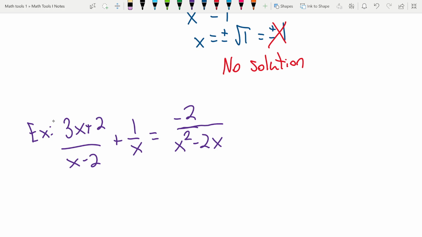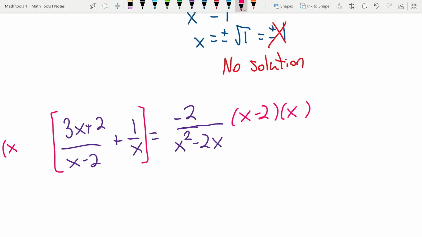In this case, that being the x minus 2 times x. So if we go ahead and do that, if we multiply both sides by x minus 2 times x, we can just write it like this, maybe good to put brackets around this because you're multiplying the entire thing, not just one of the terms.